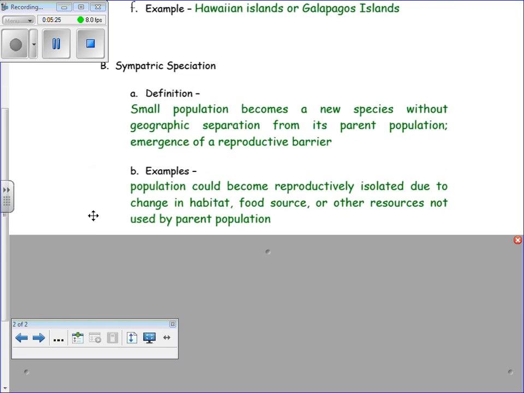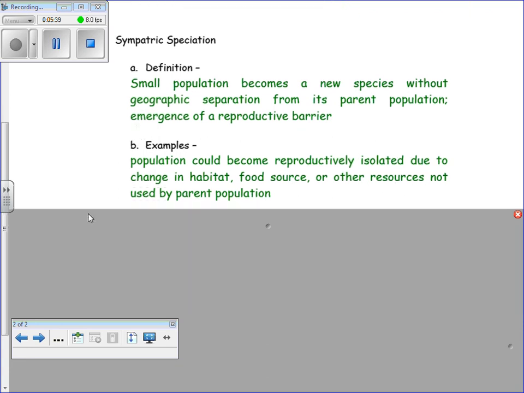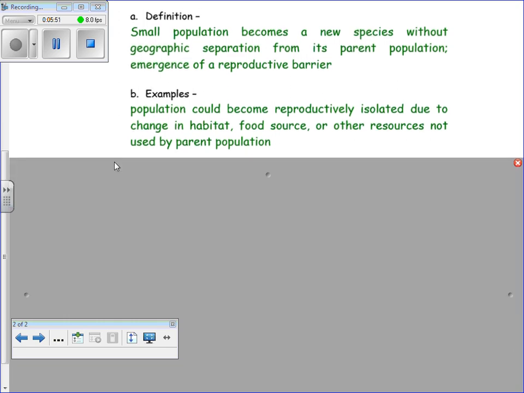The population could become reproductively isolated due to a change in habitat. Maybe they start eating different foods, so now they're hanging out in different areas, or using other resources not used by the parent population. It's sympatric, same country, because they're still in the same geographic area, but there's something within that area that's now keeping them apart.